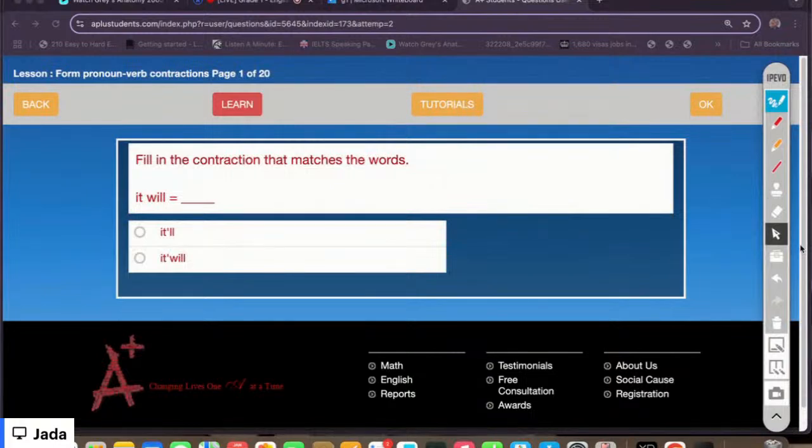All right, so you can share your answers with me here. The first one, it will. What is the contraction?